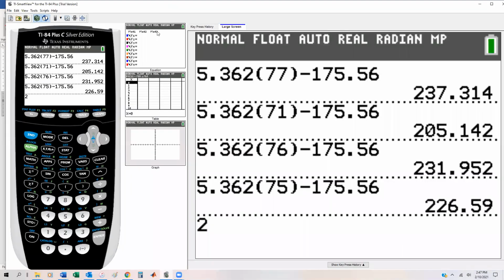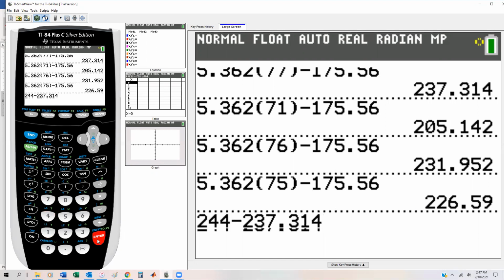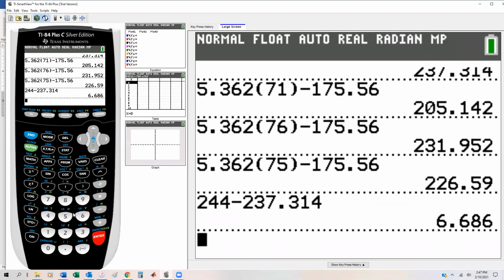So back over here, we have 244 minus 237.314. And then we have 206 minus 205.142.